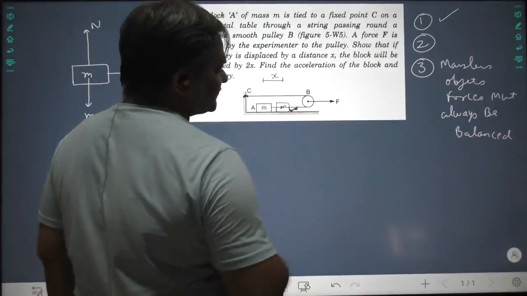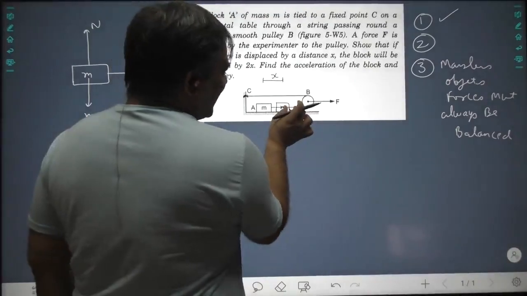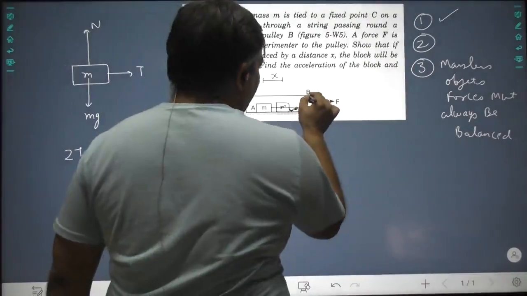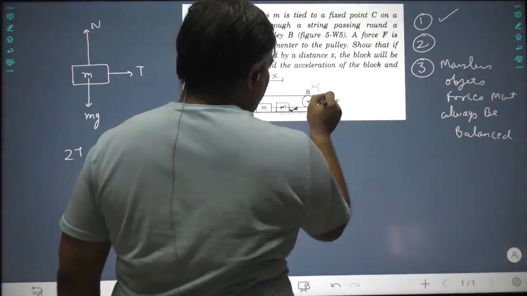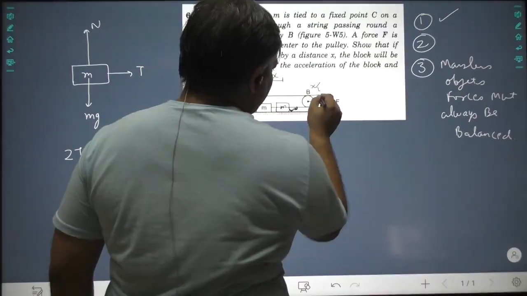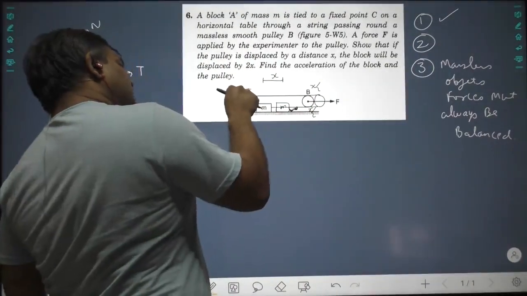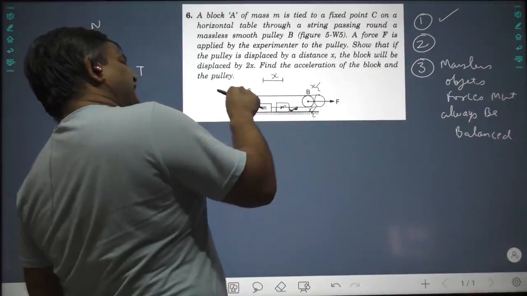Now this x length of a string will be divided into 2 equal parts, x by 2 above and x by 2 below, because from here you are not obtaining any extra length.